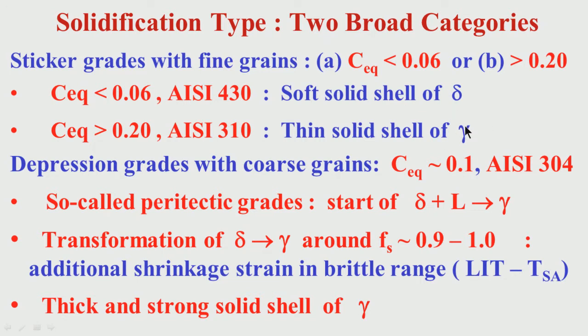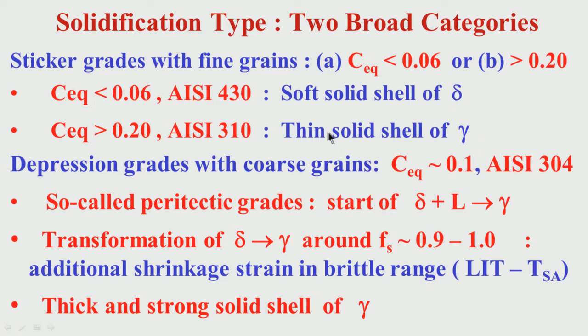So, a lot of microsegregation will be there, phosphorus will create a lot of microsegregation, sulfur will create microsegregation, all elements will create a lot of microsegregation. Because of that, the solid shell is thin during solidification, the marshy zone is quite wide, quite deep. So, you have thin solid shell of austenite.